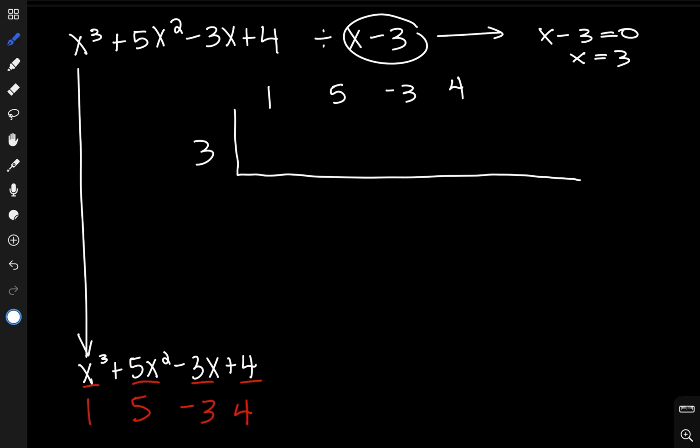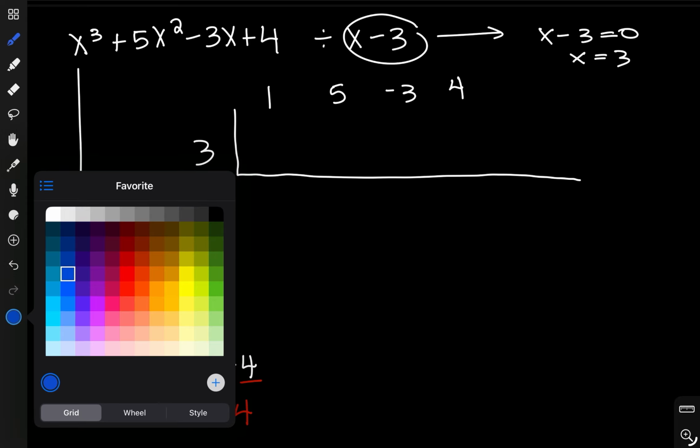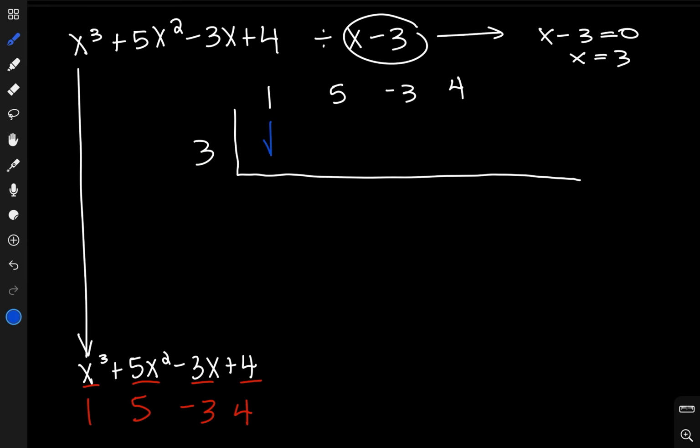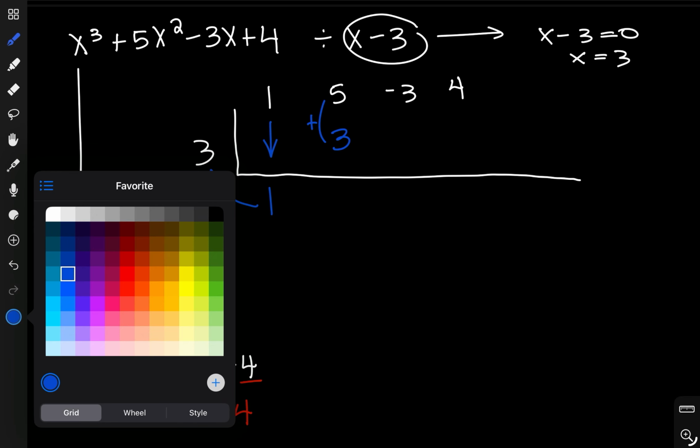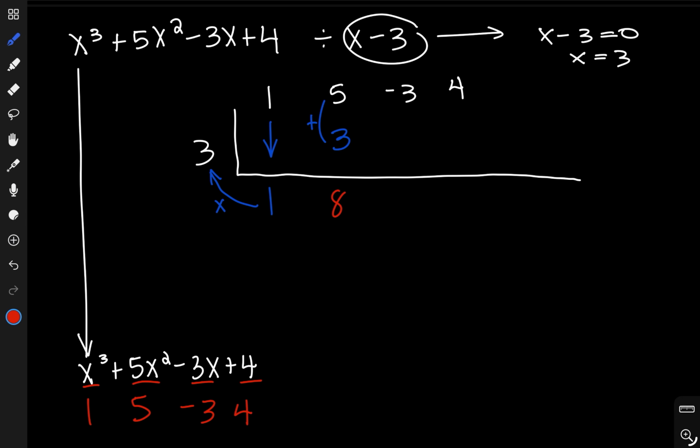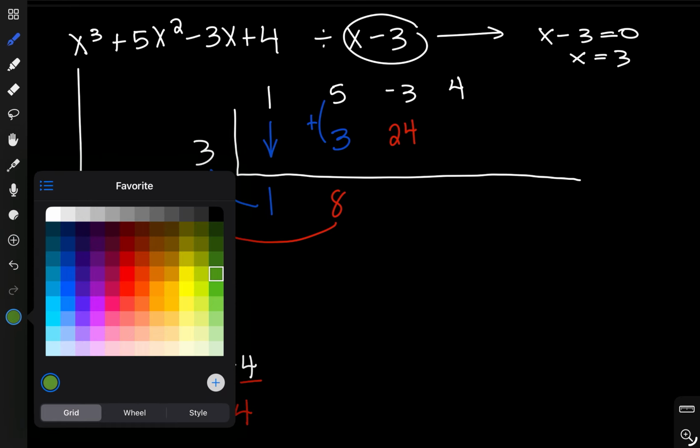Okay, we're going to start with blue again. So the first term you always bring down, 1, and then you multiply by the 3 here. 1 times 3 is 3. You're going to add the two numbers, and you get 8. You're going to do that again. 8 times 3 is 24. And then you're going to do 24 minus 3, which is 21.